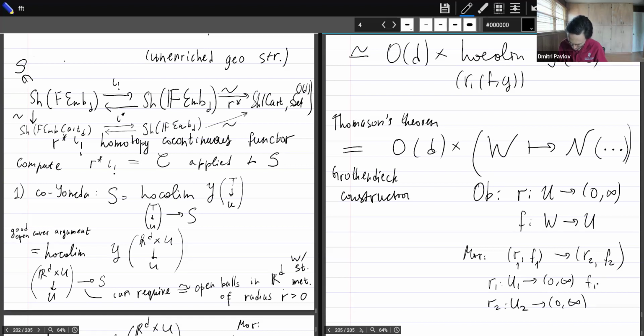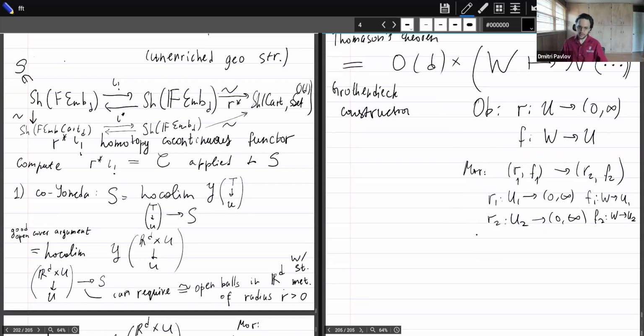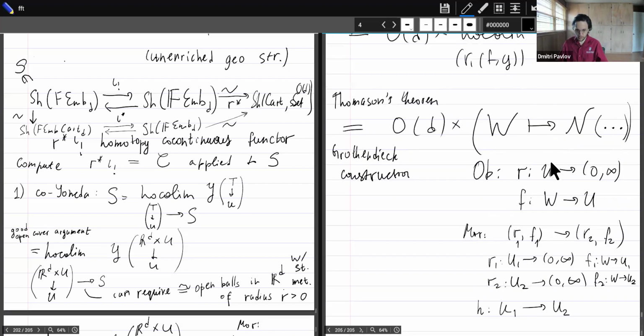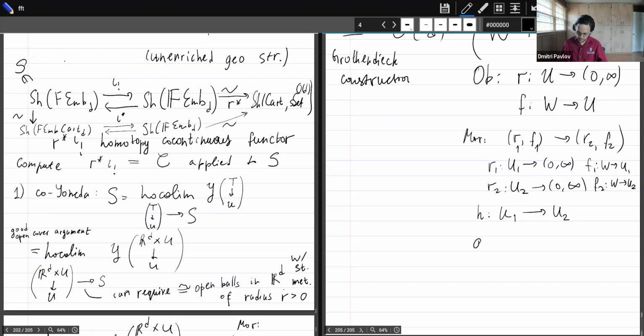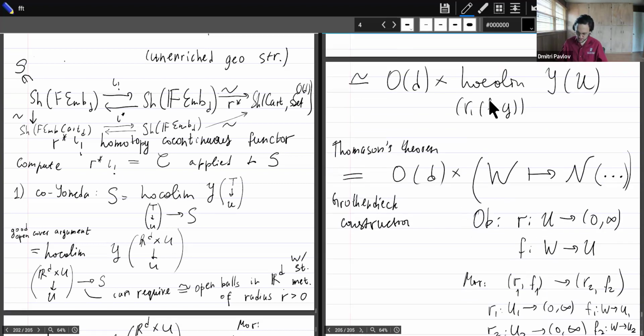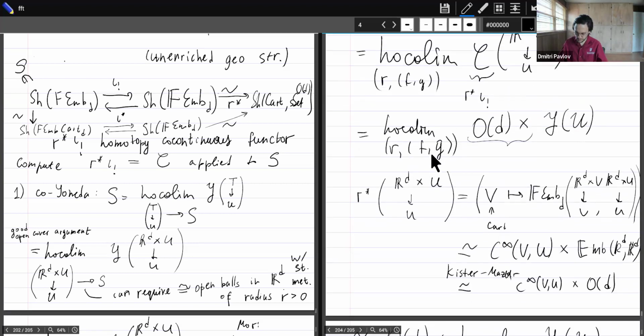And F1 will be a map from W to U1. And F2 will be a map from W to U2. So the gate of such a morphism will be a pair. H will be a map from U1 to U2, a smooth map. That's also induced by the Grothendieck construction. And there will also be G. G is the same G as, of course, we had already here. That's what morphisms in the Grothendieck construction are.